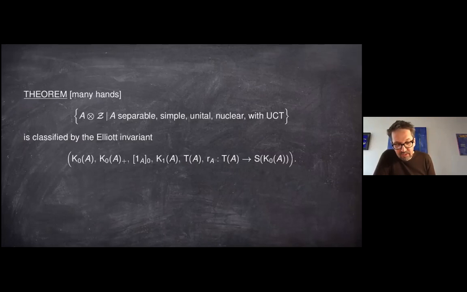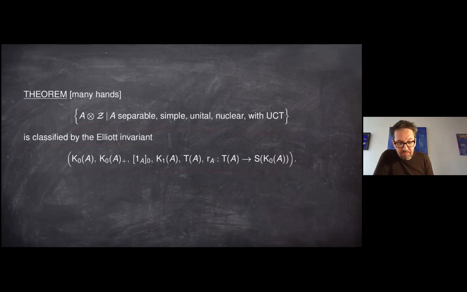Let's look at this class of C-star algebras, which are C-star algebras of the form A tensor Z, where A is separable, simple, unital, nuclear, and satisfies the universal coefficient theorem, the UCT. And then the theorem says that this class is classified by the Elliott invariant.